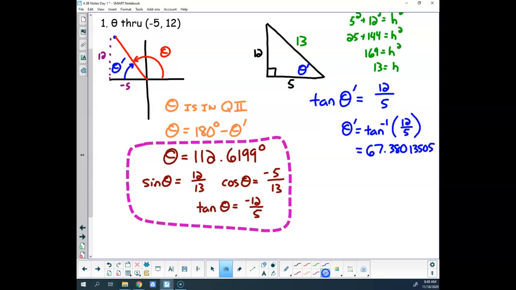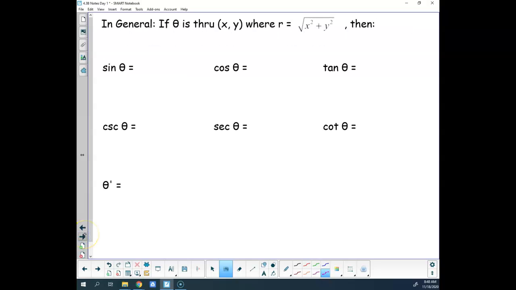Now, we are running short on time, so I'm going to skip an example. I'm going to go right to the in general, because this is important for everybody to write down. So, in general, if theta is through a point x comma y, and r is the radius of that circle, or the distance, that hypotenuse of that triangle, then the sine of theta is going to be y over r.